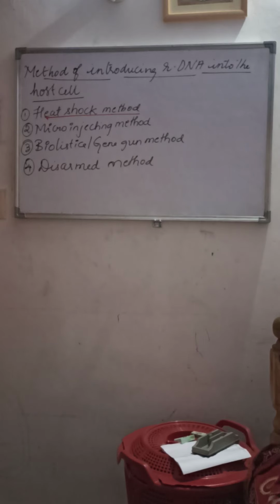So I'll repeat. The DNA is a hydrophilic molecule, so for that reason it cannot pass through the cell membrane. So the host cell must be made competent. How is it made competent?